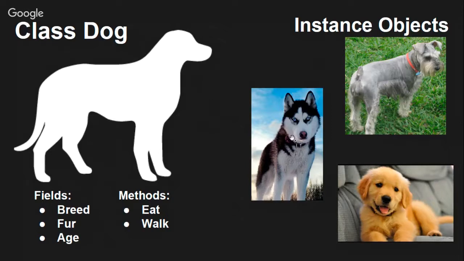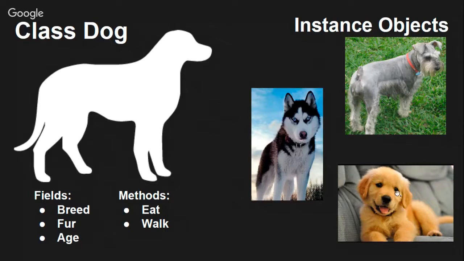For example, another instance of the object dog could be a husky with white and black fur, short, and the age of 3 years old.